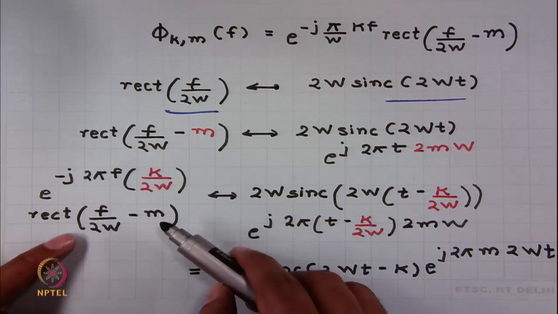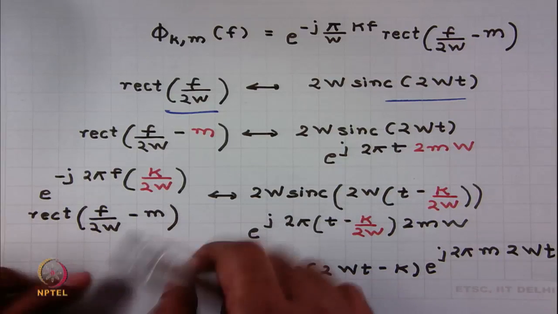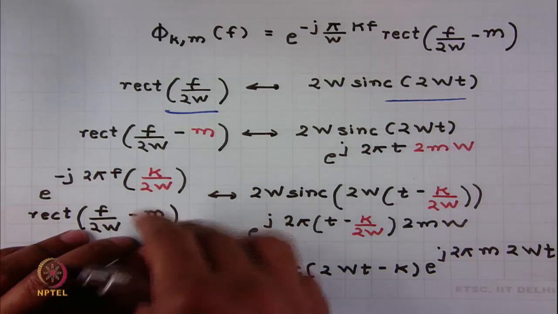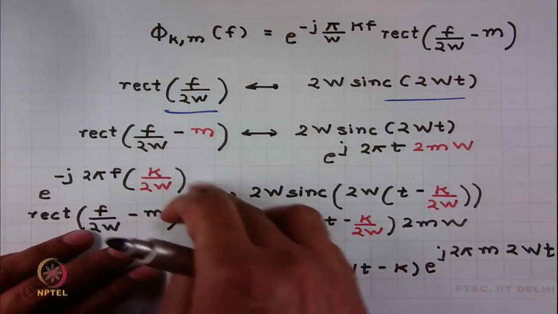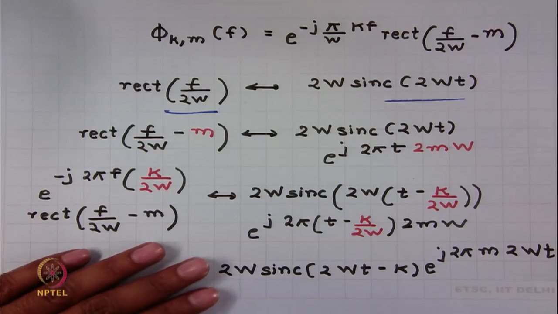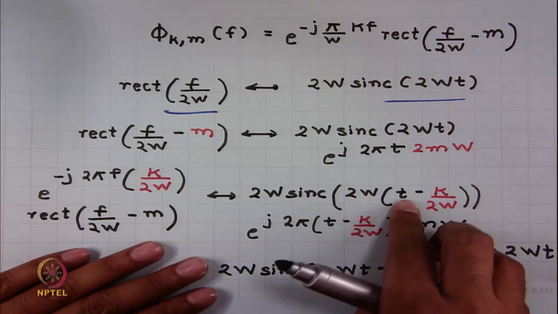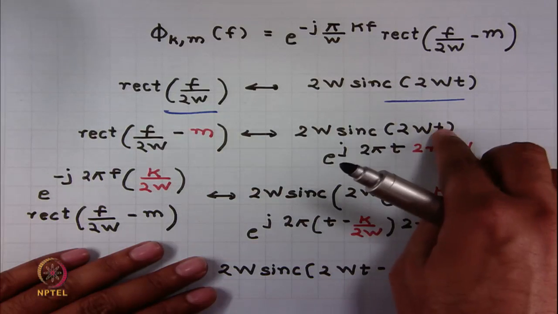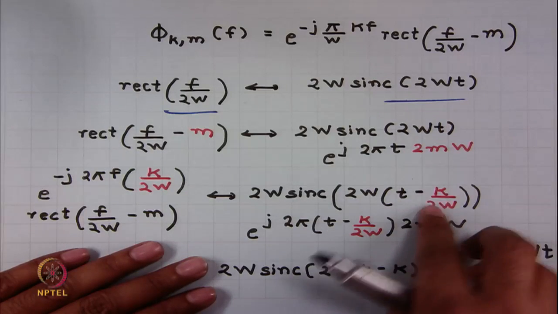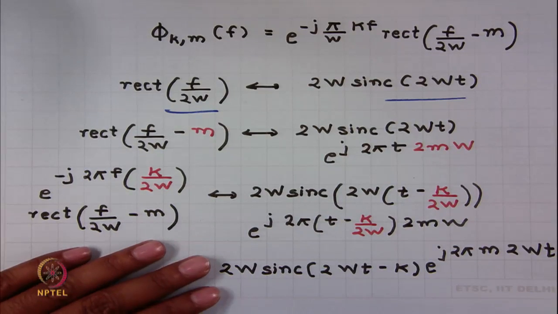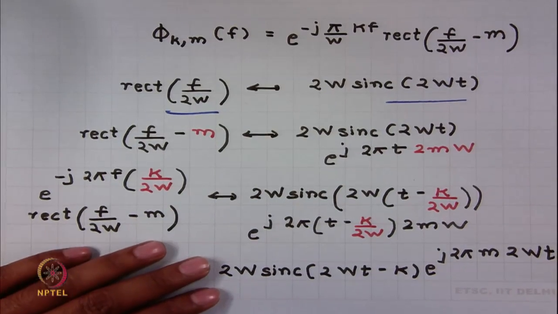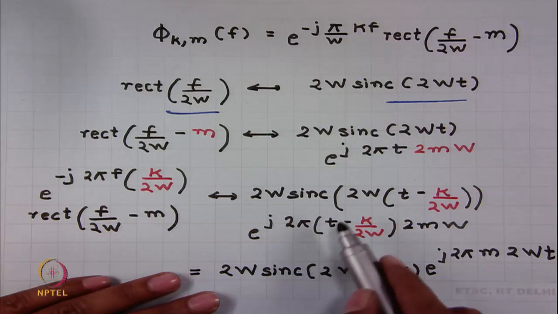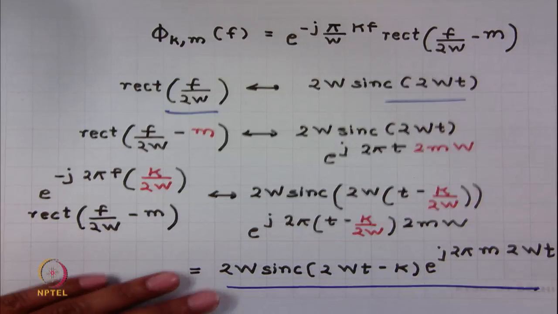And again, if we want to find out the inverse Fourier transform of this shifted rectangular function multiplied by this rotating complex exponential, it can simply be obtained by changing this t to t minus k by 2W. Wherever you have t here, you just have to shift it by this factor of k by 2W. Thus, the inverse Fourier transform can simply be obtained like this.